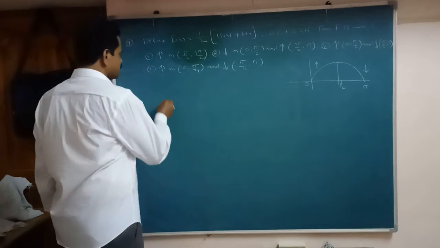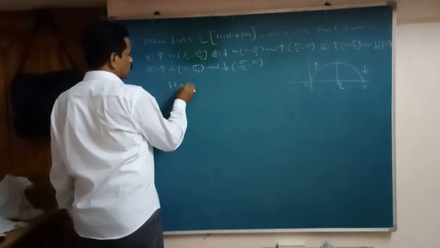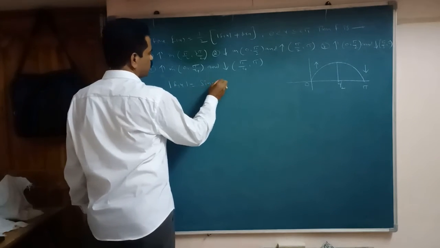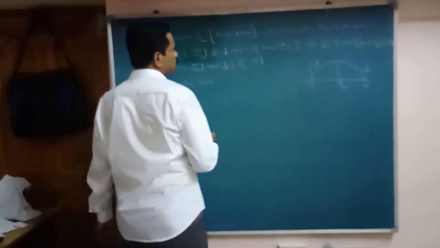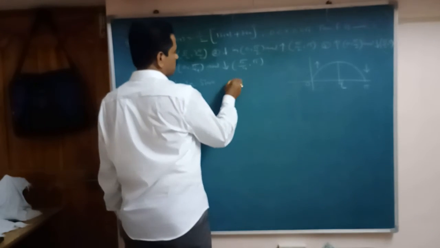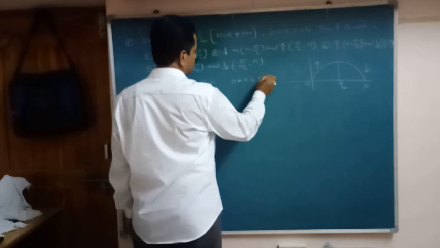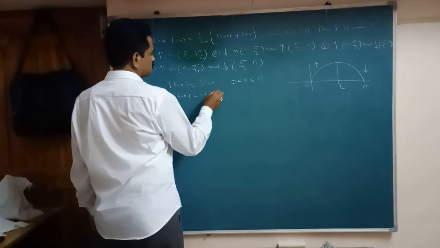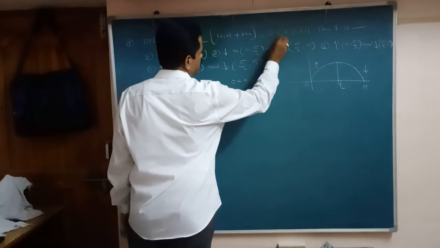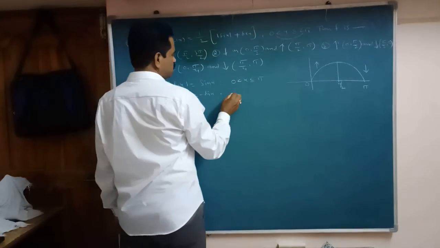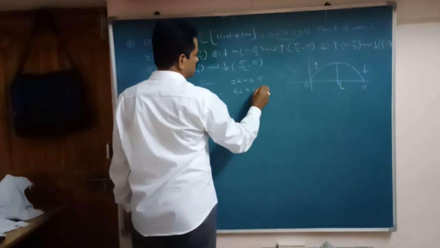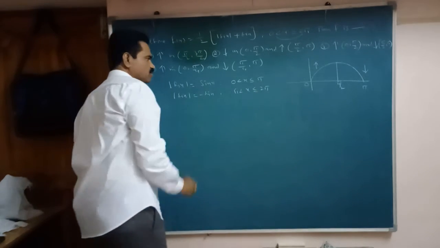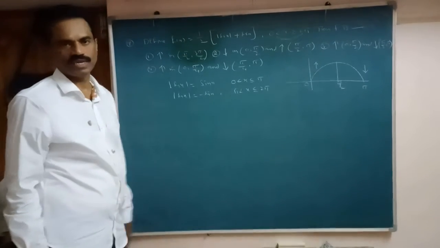Mod sin x equals sin x when 0 less than x less than or equal to pi. Mod sin x equals minus sin x when pi less than x less than or equal to 2 pi, because in the third and fourth quadrants it is negative.